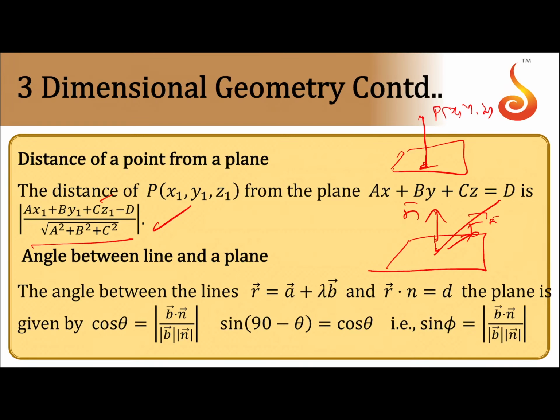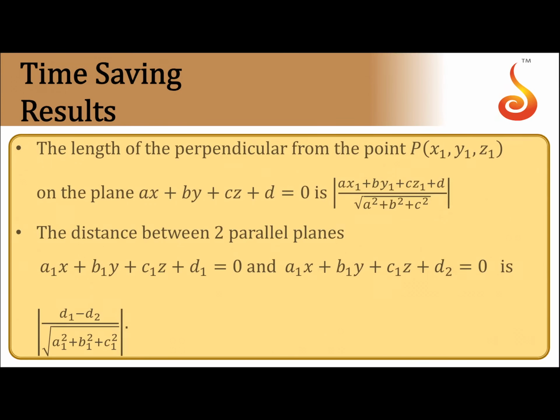The angle between the line and the plane is the complement of the angle between the normal to the plane and the line. So B dot n by mod B mod n is cos theta. No, it is sin theta. Therefore sin theta is equal to B dot n divided by mod B mod n. You can take it directly as sin theta, no other explanation is necessary.